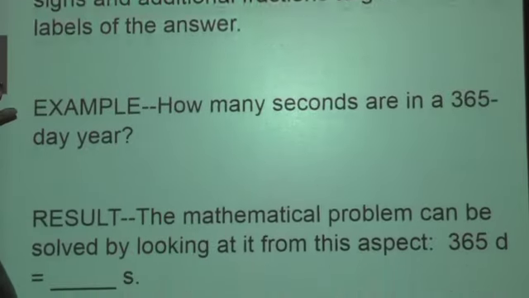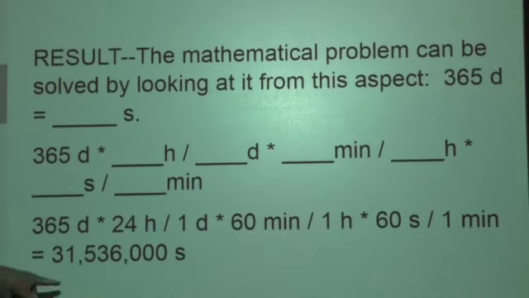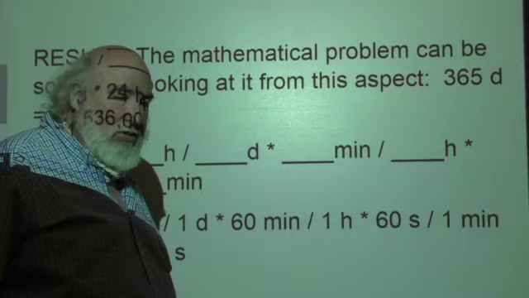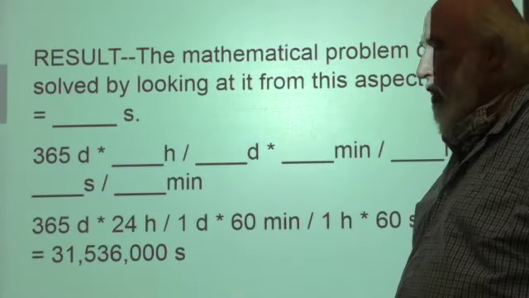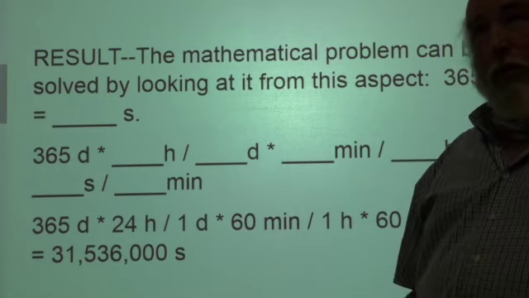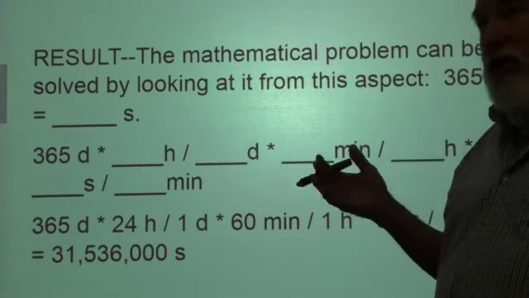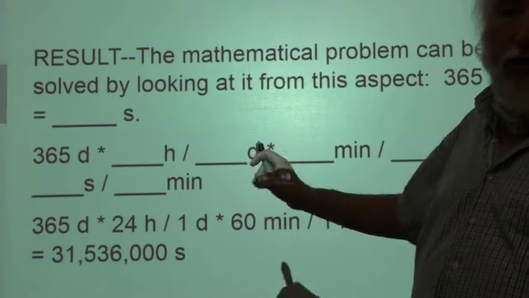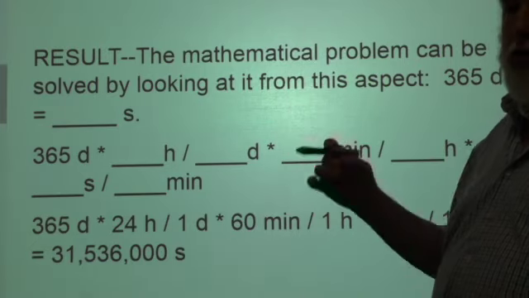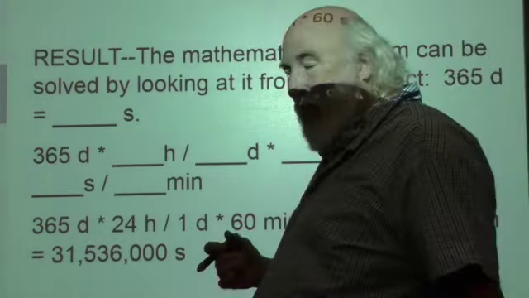And your answer is going to be 31,536,000 seconds. Okay? Now again, you don't have to memorize when do I multiply, when do I divide. It's so confusing. It's not confusing if you use this system. Zero confusion. Just make sure you do the labels first, then the numbers.